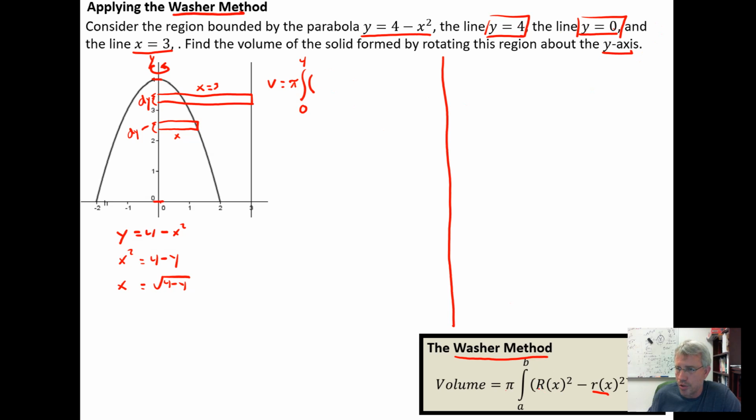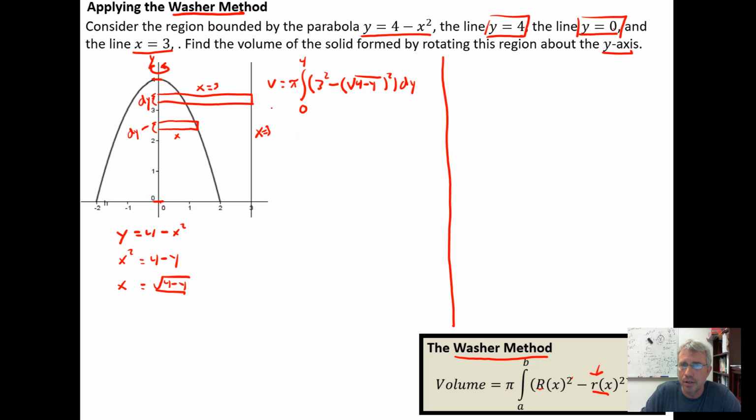And we need the larger radius squared, but the larger radius is always equal to 3 because it's controlled by that line x equals 3. So it's going to be 3 squared minus, in parentheses, the smaller radius, and the smaller radius is controlled by the parabola, which is x equals the square root of 4 minus y. So there's that radius, and we would need to square it, and then times the width of our washers, which are dy's.